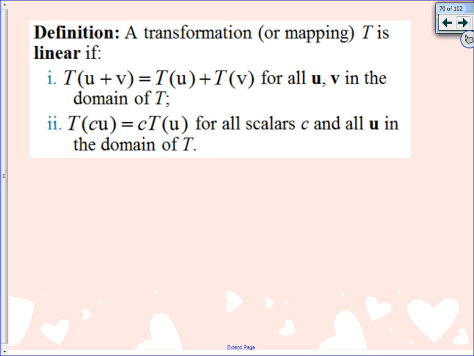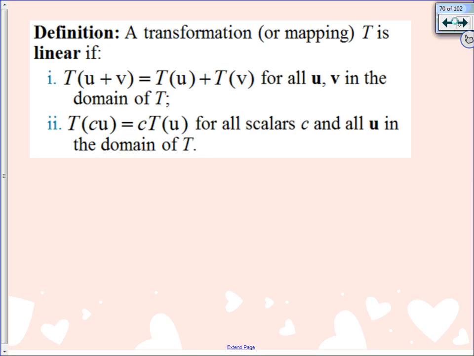So vector addition is essentially commutative with transformation. You can do it in either order. Also, scalar multiplication is closed under the operation of the transformation.